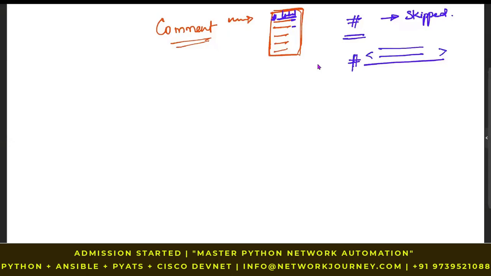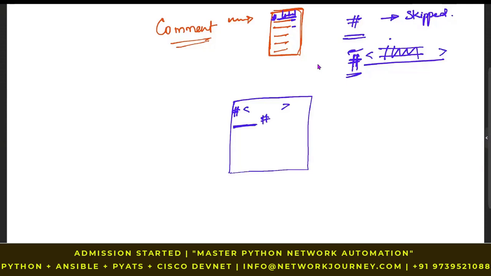Do not worry, your hash in the front end will not let this line get triggered. It is always skipped or ignored. In a Python script, you can always write that hash and then put down the message, or let's say you have a working line and then you keep this hash. So always remember these are line significant in Python.